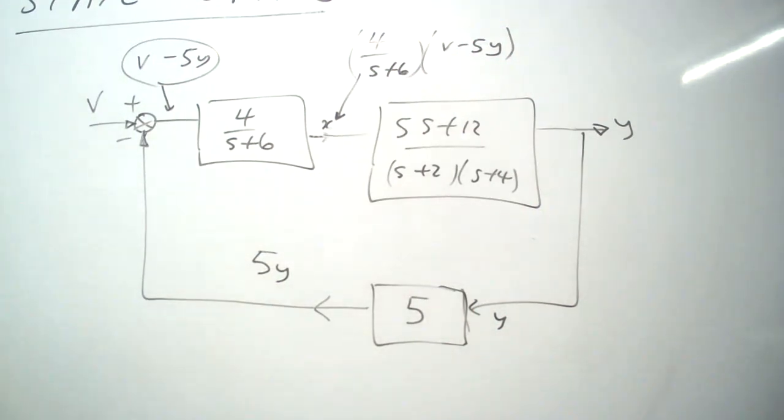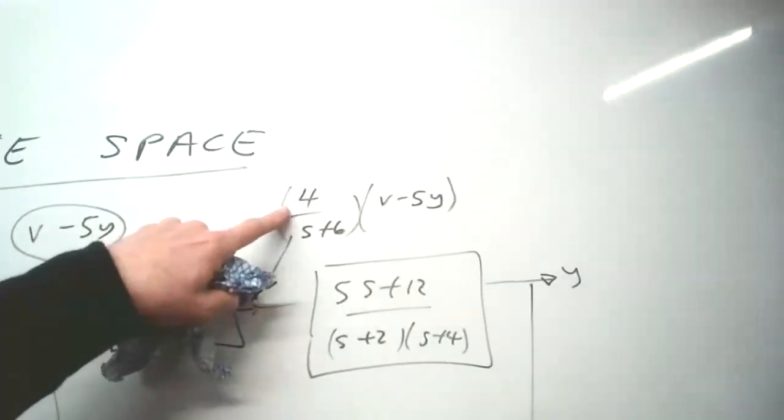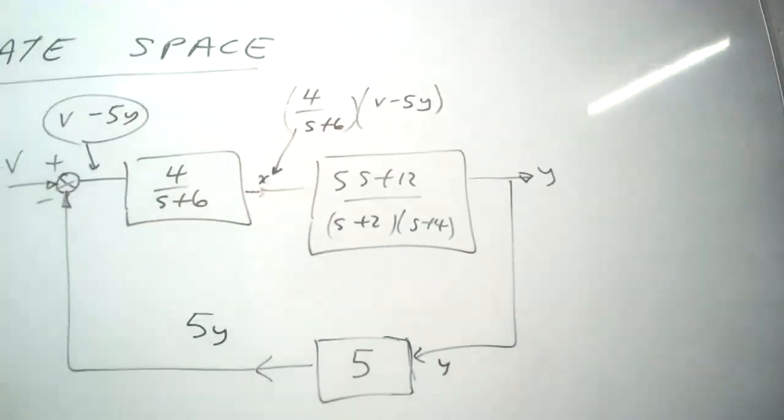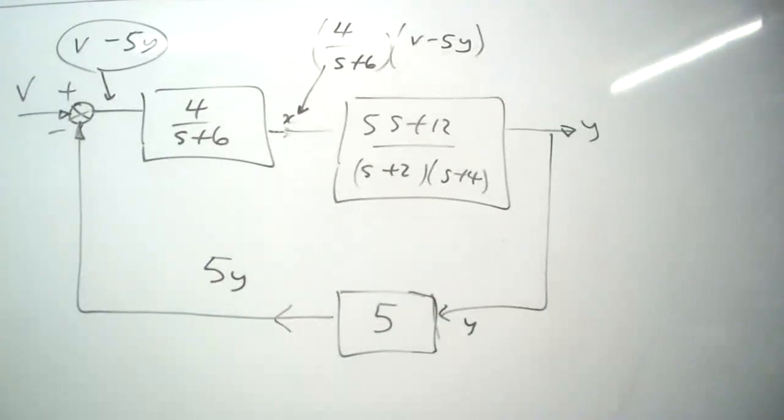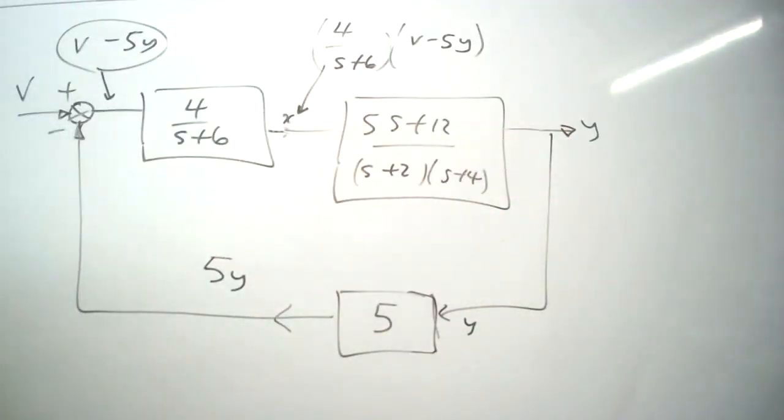There's a 4 there, you can see that. I think it's a 4 over s plus 6. And then we can say that this is this times this to get our little equation. I'm going to do that on the left hand side. I'll just write it down first: y equals 5s plus 12 over s plus 2.